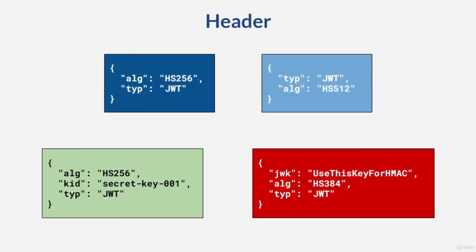This is a sample for the header. Note that field order is not important. Notice the green sample where we use the key ID, or kid, field. Also, notice the red sample where we put the HMAC key in the header field JWK.